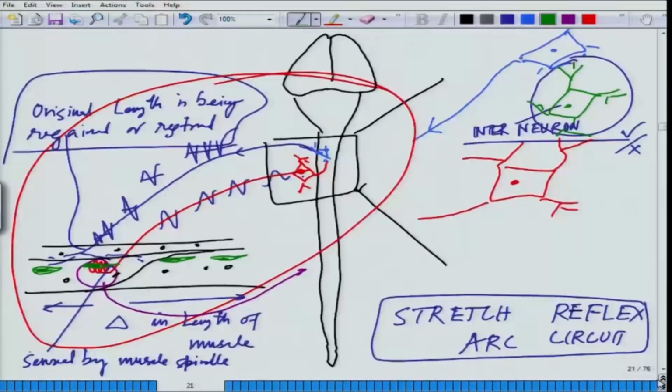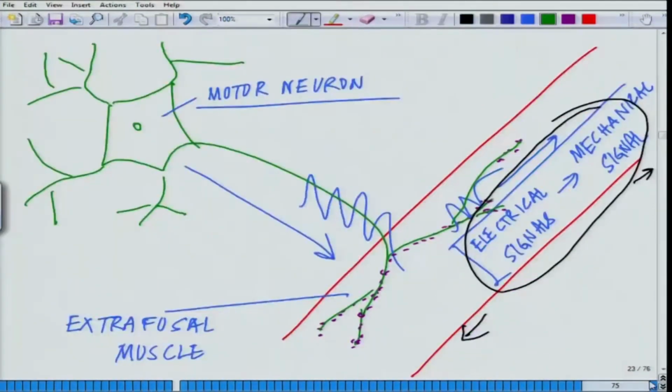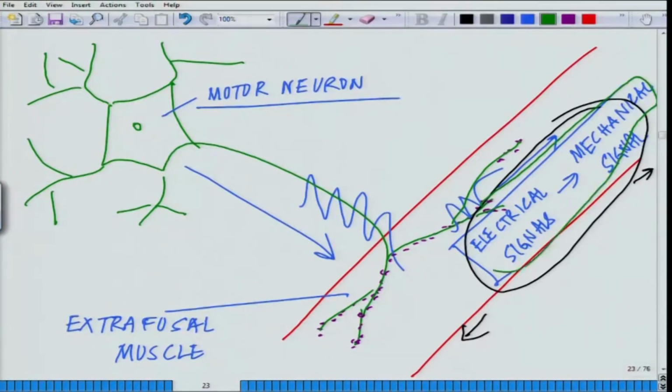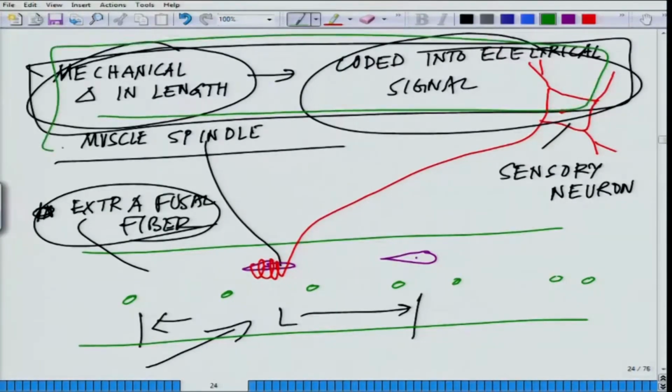Then we revisited the whole circuit in the light of intrafusal and extrafusal fibers, and we talked about the levels of information transfer, second level, third level, fourth level, 4 different levels for such a simple circuit. And then we talked about where the electrical signal is transformed into a mechanical signal, and where the mechanical length change is coded into an electrical signal.